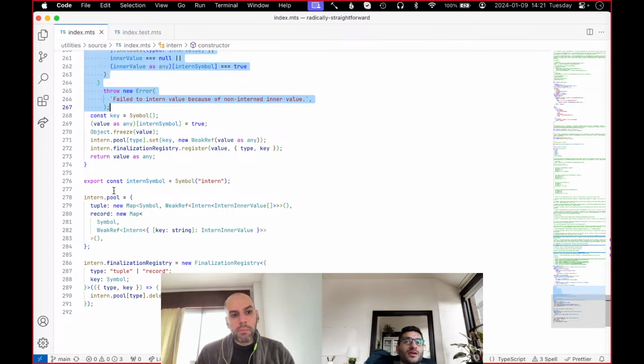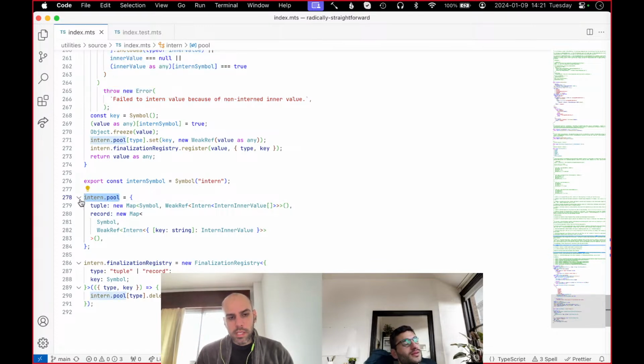Yeah, I left the pool visible to you as the user of this function so that if you want to do that, you can. By the end of the code, if you know, okay, I can discard my pool, no harm done, you can say intern pool tuple dot clear. Intern pool record dot clear. Like, yeah, I guess you could expose a reset or something like that.